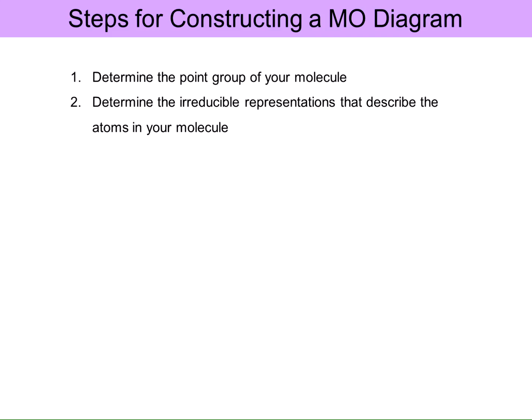So you'd have to write reducible representations that describe the motions or the movements of those atoms. And once you determine the reducible representations, then you're going to find the irreducible representations that describe those orbitals.